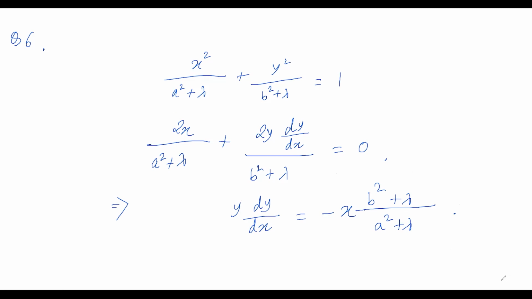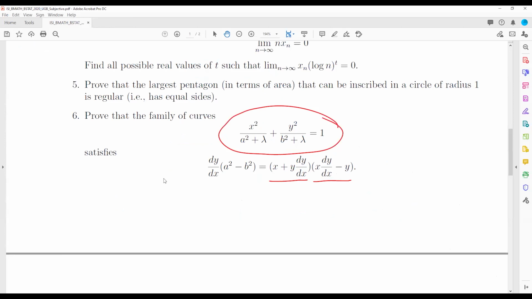And now again, as I told you, we need to work with these two quantities. So let's first work with x plus y dy by dx. Now we have y times dy by dx, so let's add x to it and see what we get.